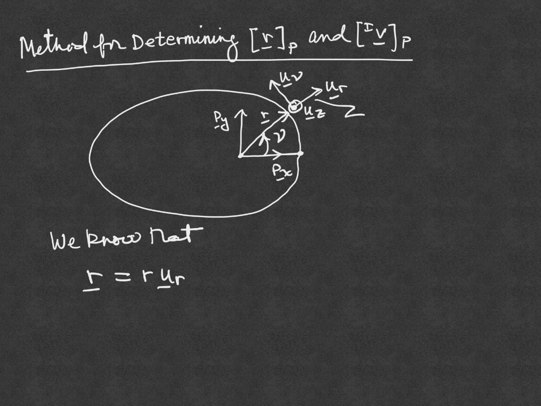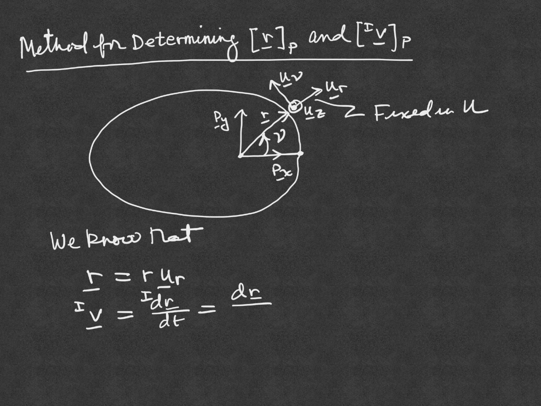Now this basis is fixed in a frame I'm going to call U. So from this, we know that the inertial velocity is equal to the rate of change of the position in the inertial frame, which is equal to the rate of change of the position in U plus the angular velocity of U and I crossed with R. But the angular velocity of U and I is just nu dot times u_Z.